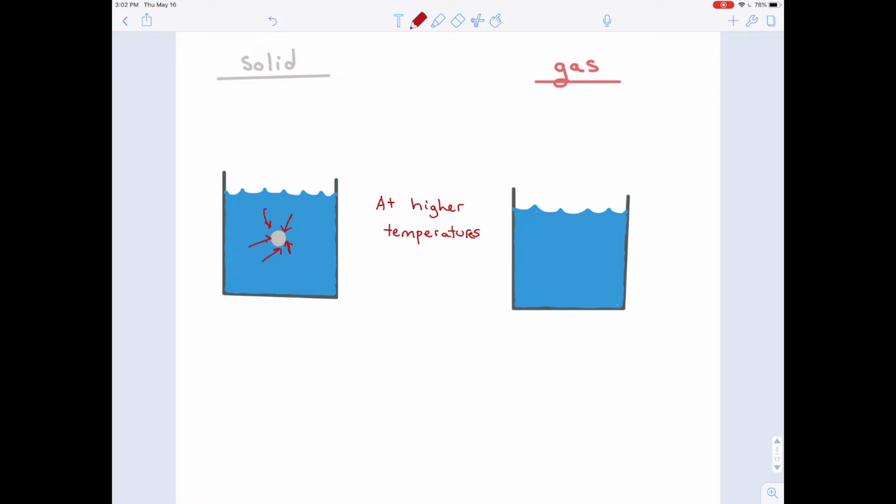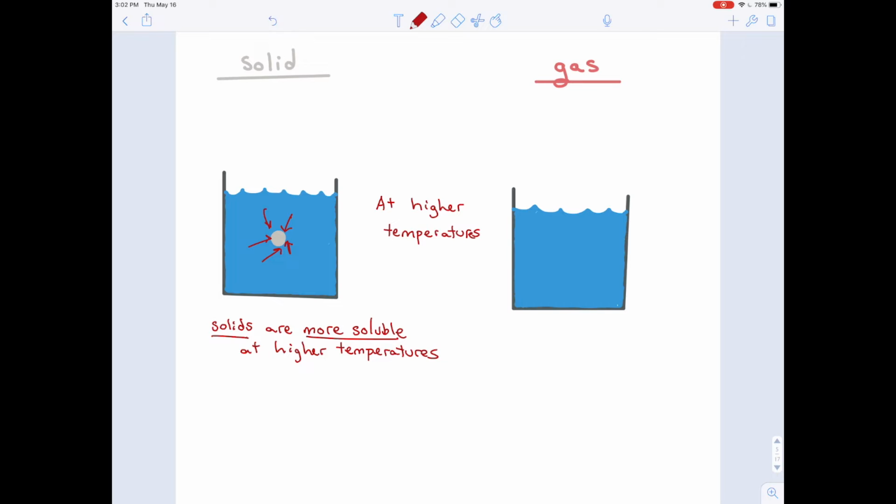So the solid dissolves more at higher temperatures. So solids are more soluble. They dissolve better at higher temperatures. So solids are more soluble at higher temperatures.